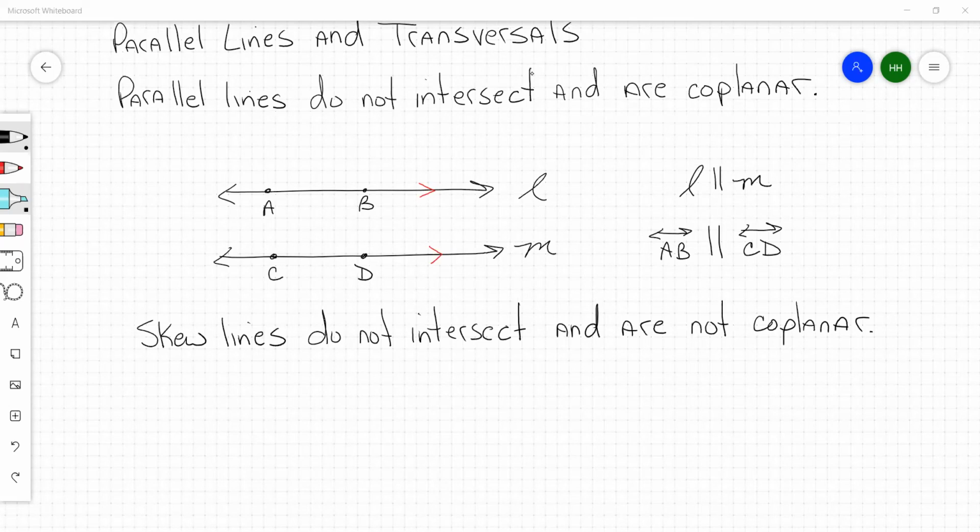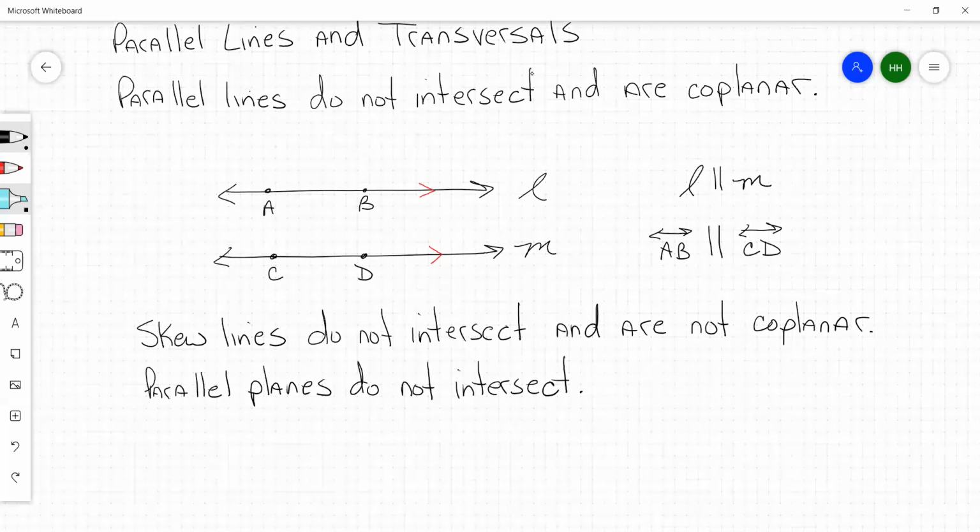And we're going to say here as well that parallel planes do not intersect. Can I get a volunteer to describe to me a couple of parallel planes in this classroom? Please.